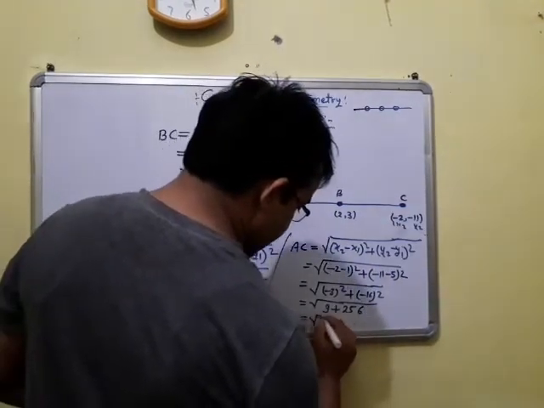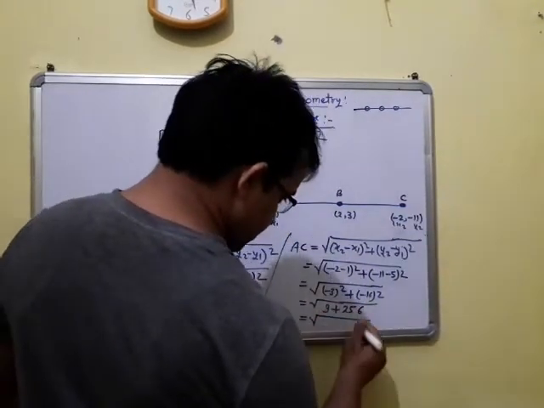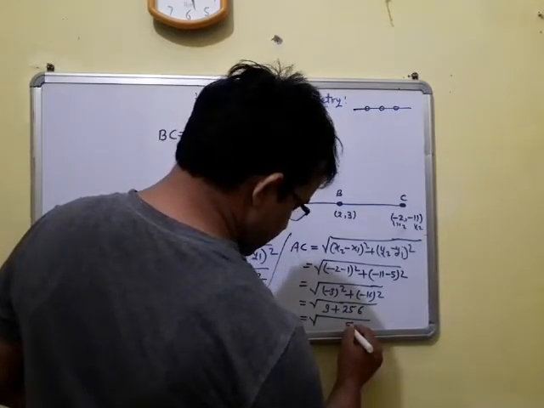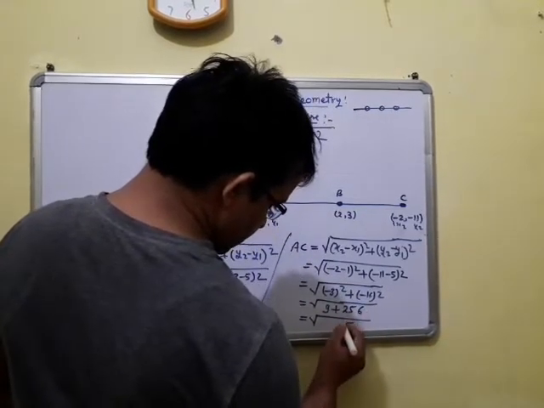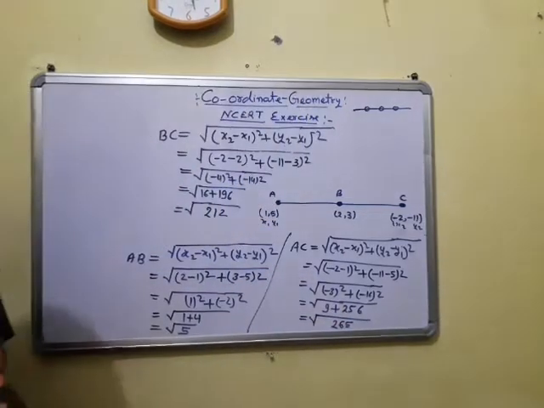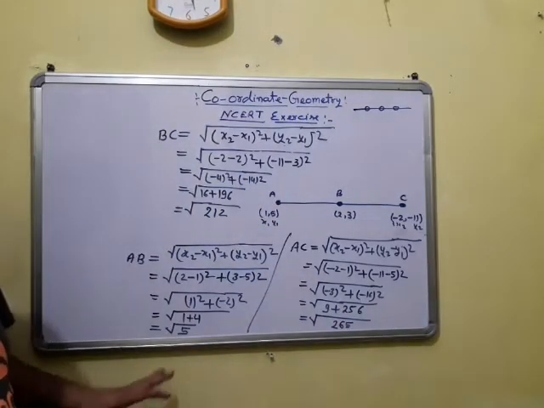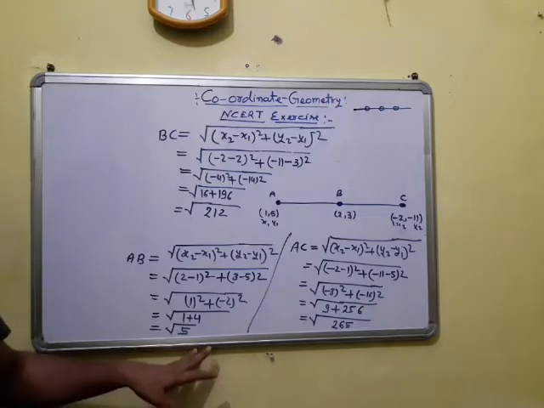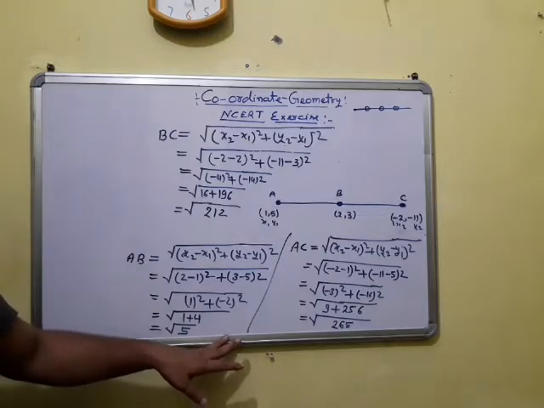Now add this one: 265. Clear? We find this one is root 265.